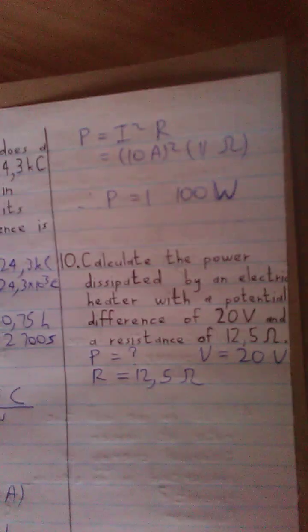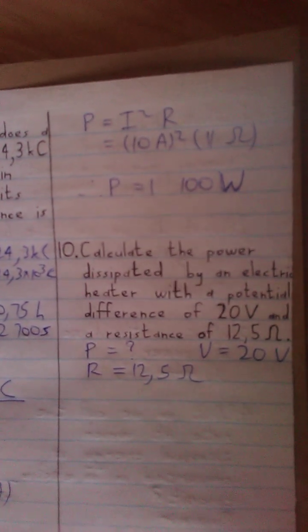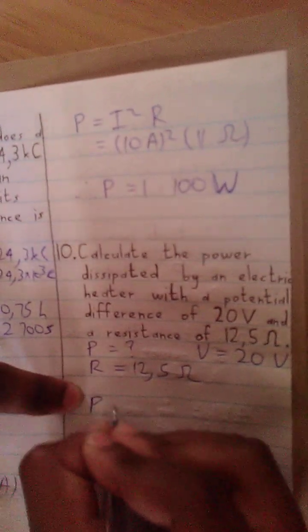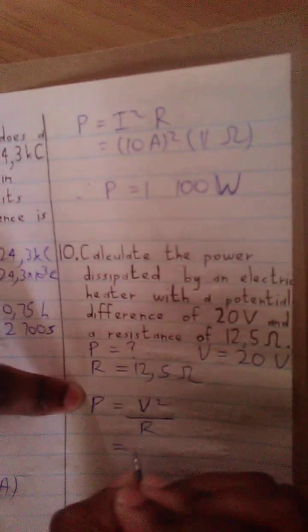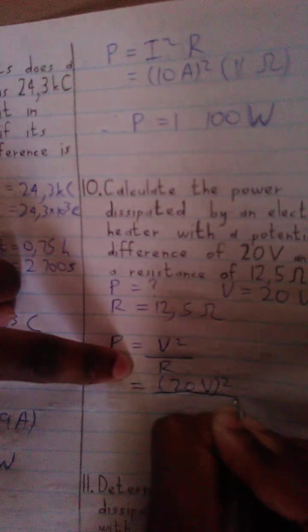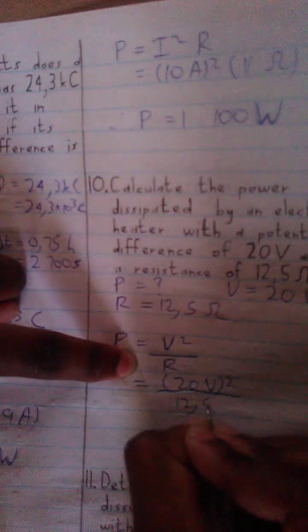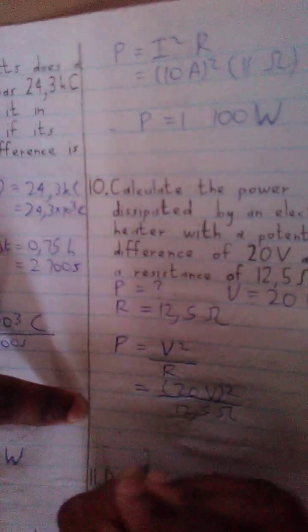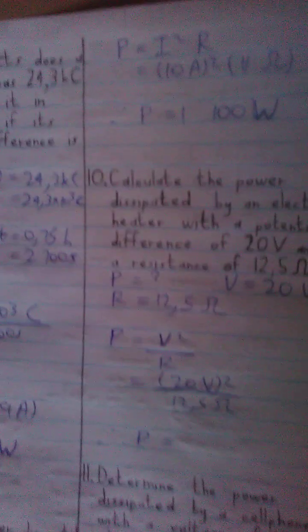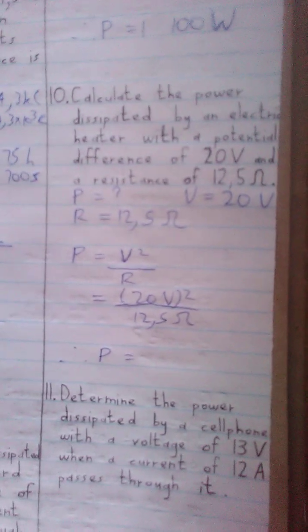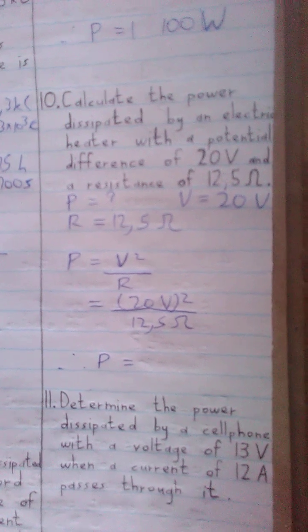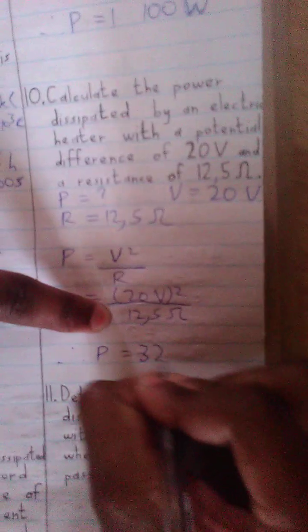We have V and R. The formula which involves V and R for power is P is equal to V squared over R, which is, what is V? 20 volts squared over, what is R? 12.5 ohms. So P is 32 watts.